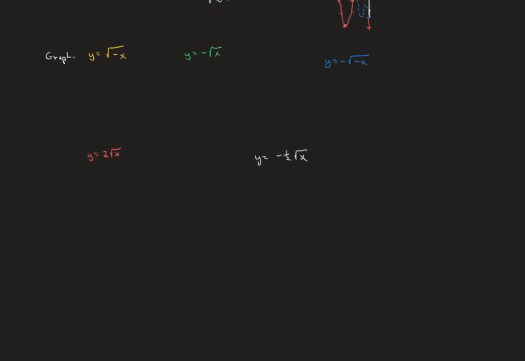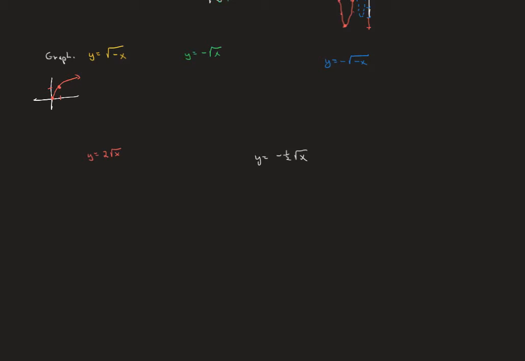So our parent function here, our square root of x, let's take a look at that, is going to look something like this, and we know that it's going to contain the point 0, 0 and the point 1, 1.